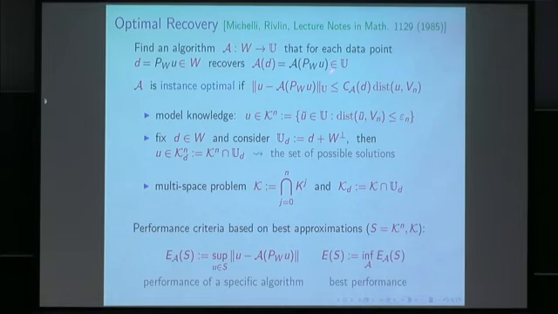That means that for each data point D, it recovers the solution A(D), so that is the algorithm, and it is optimal if for each solution we have this estimate, where this C is the constant, which is typical for the algorithm, and of course depends on the data D.